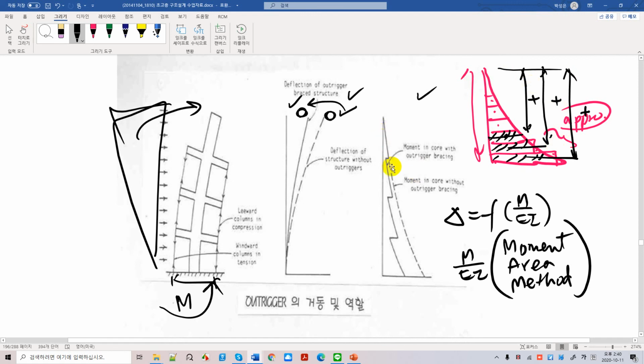So this is how you calculate your deflection at the tip of high-rise buildings and compare the one with outrigger and without outrigger. Okay? This is a preliminary design check before you go into Midas. Midas sometimes takes time, so you don't want to wait until Midas is completed.